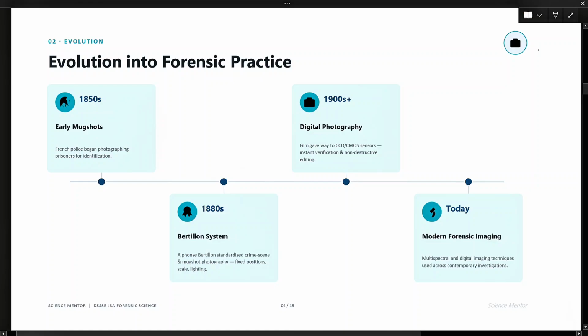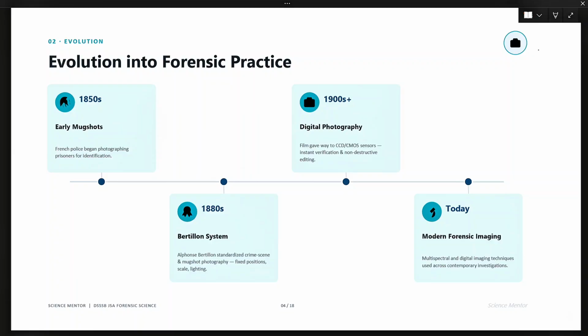Now we know how photography was invented. Let me ask you another important question. Did people immediately start using photography for crime scene investigation? The answer is no. In the beginning, photography was mainly used for portraits, family photographs, landscapes, and scientific experiments.